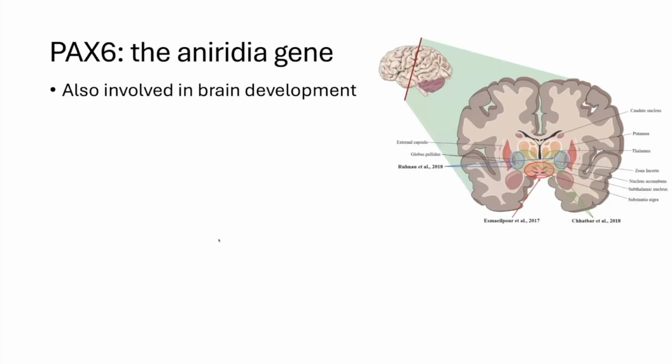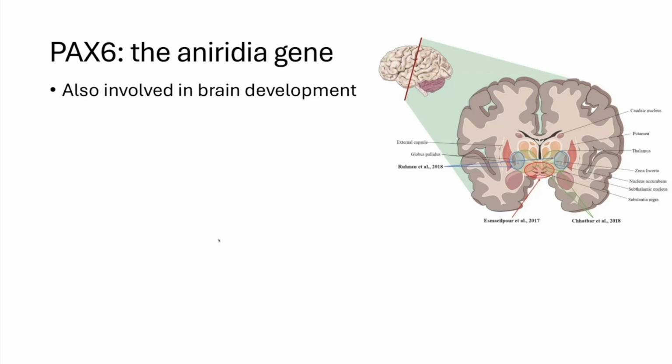Just a little bit of introduction here. PAX6 is an aniridia gene, but is also heavily involved in brain development. If we take the brain, look at it straight ahead, and cut a slice right down the middle to see how the brain is inside, we'll see two bulges.